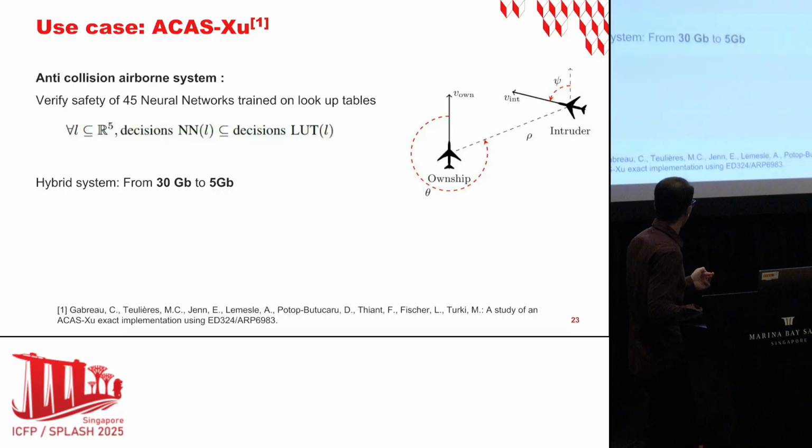We managed to prove that 85% of the neural network matched the lookup table. So they built a hybrid system with 85% neural network and the remaining 15% of the table. It went down to 5 gigabytes, and that could be embedded in drones.